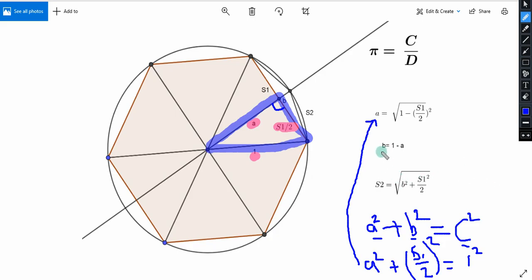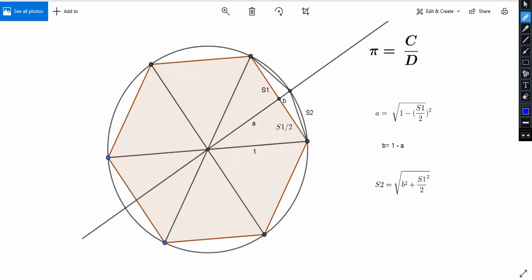Likewise we can find B. B is here to here, this length. We know from here to here it is 1, the radius is 1.